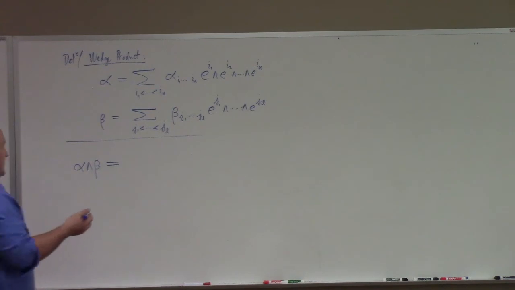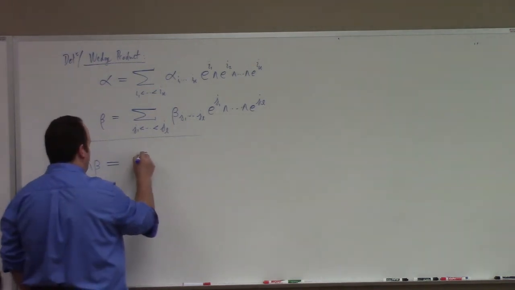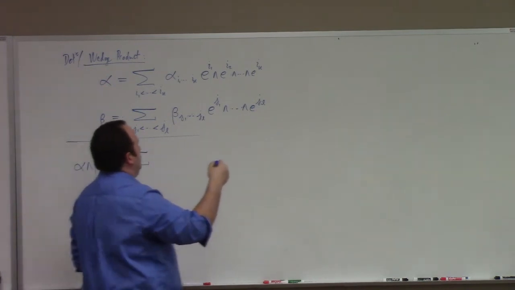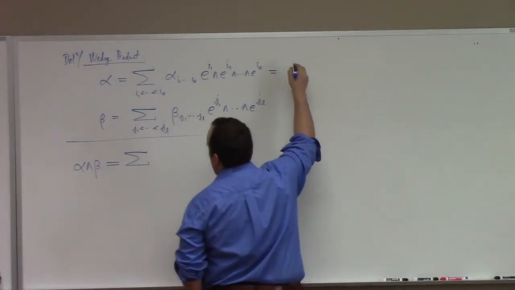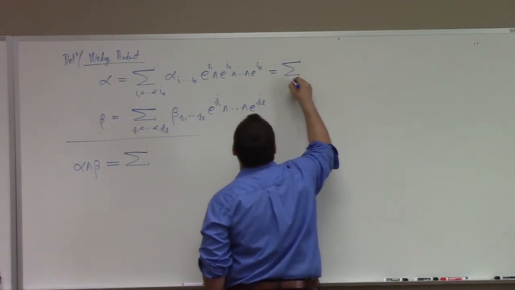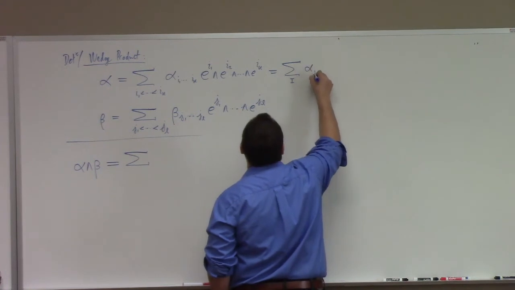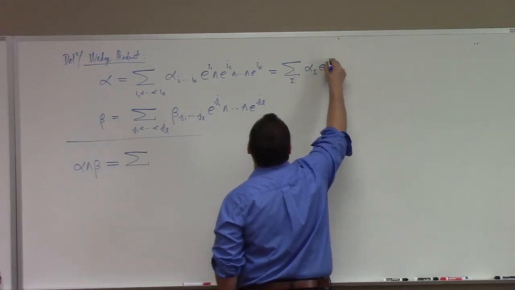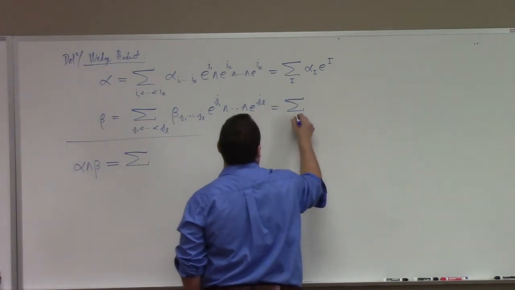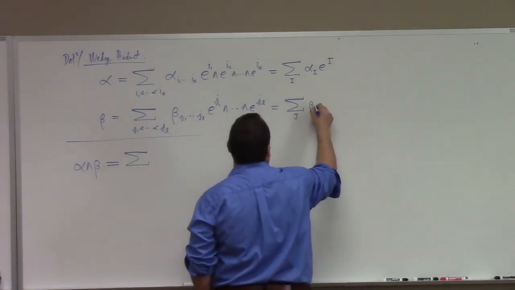He says it's exactly just the sum. It's kind of nice to rewrite this way. This is the sum over I of alpha I, EI, and this is the sum over J of beta J, EJ.